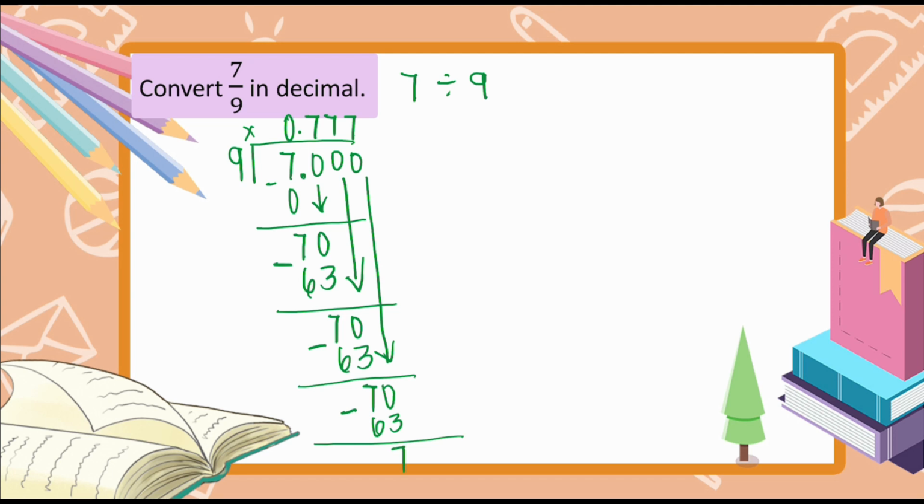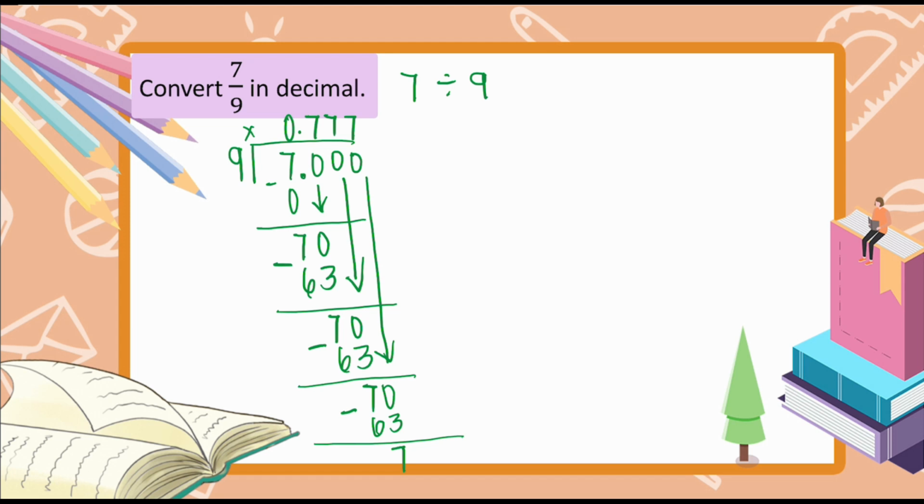So, as you can see, paulit-ulit na 7 yung nagiging difference nung ating sagot dito sa subtraction. At paulit-ulit din na 7 yung nilalabas ng ating sagot dito sa may taas, sa ating quotient. So, kahit na tuloy-tuloy natin yan, 7 at 7 pa rin yung mailalagay natin sa ating quotient.